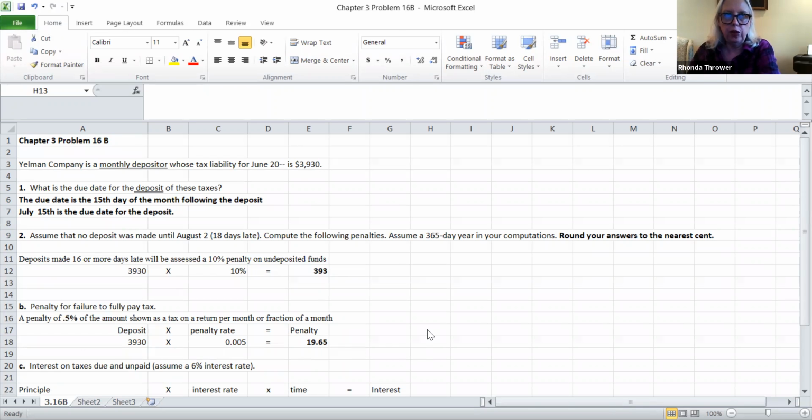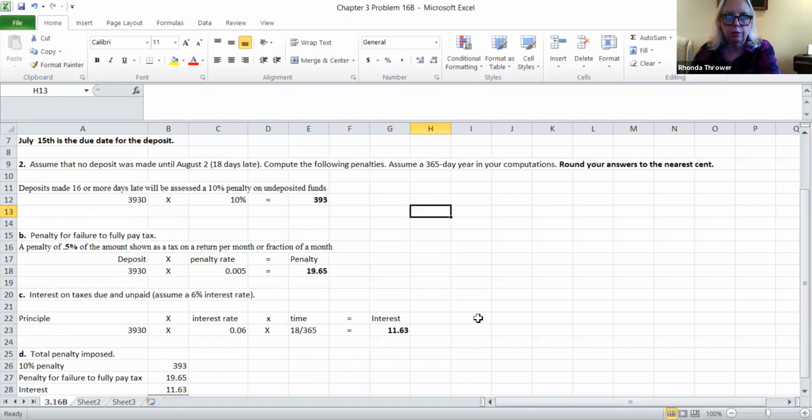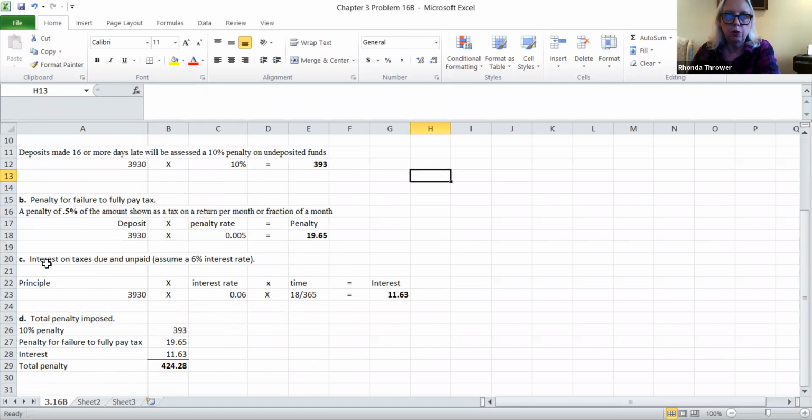In Part C, they want you to calculate the interest that is due on the taxes, the interest due on the unpaid amount, and they want you to assume a 6% interest rate.